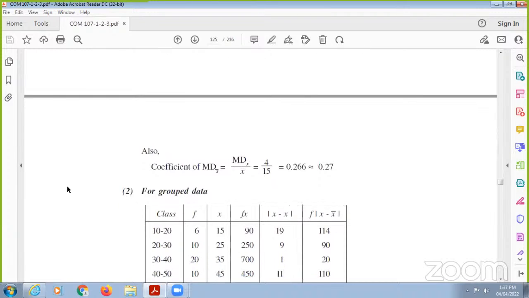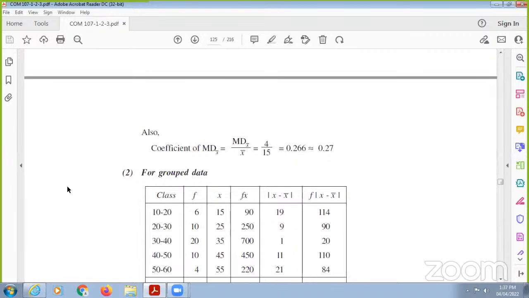Now the second is also for grouped data given here. That is grouped data: 10 to 20 frequency is 6, then 20 to 30 frequency 10, 30 to 40 frequency 20, then 40 to 50, 10, then 50 to 60 it is 4 here.